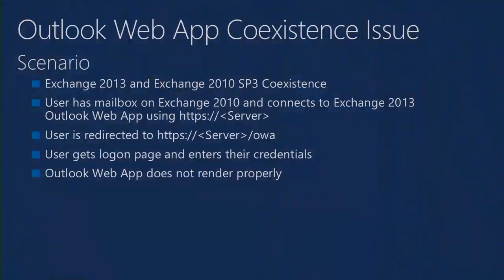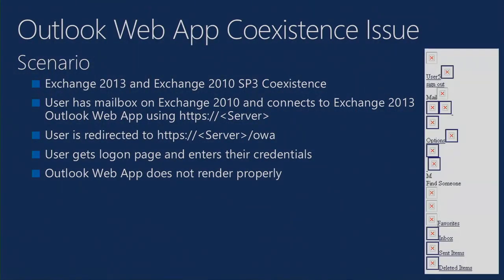All right. Two quick issues I wanted to tell you about that are under investigation. This is an Outlook Web App coexistence issue when you're running 2010 SP3 with Exchange 2013. What happens here is that the user tries to go to Outlook Web App using the HTTP to HTTPS redirection. They get the logon page and they enter their credentials, but that redirection unfortunately doesn't work, and then they end up not getting things rendered properly.